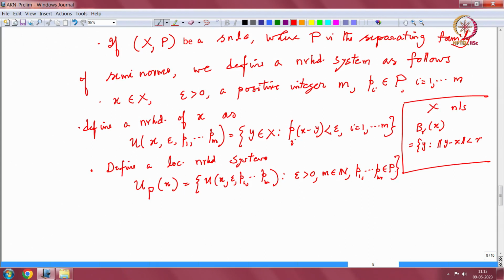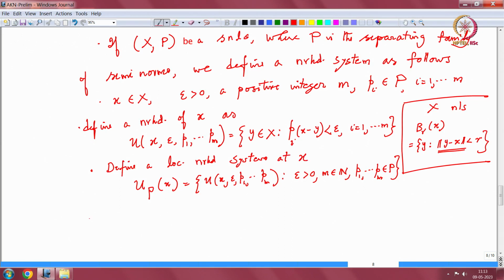Okay. So, you are varying epsilon, that is what you do here, because here there is only one norm. So, if you vary, you get all the neighborhood systems of that, and you do not have many things to vary, and this forms a neighborhood system at the point x.